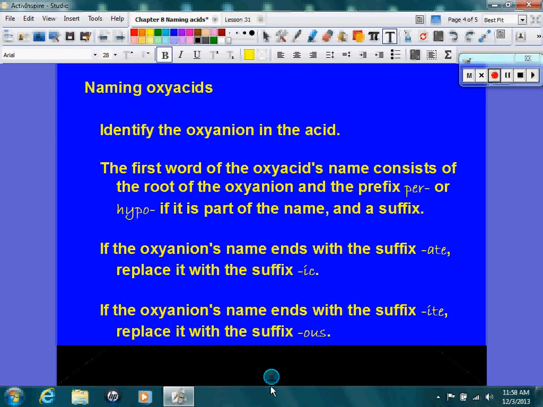Change it from acetate to acetic acid. That's acetic acid. Anybody know what acetic acid is? You have it at your house, probably. It starts with a V. Vinegar. Vinegar is acetic acid.